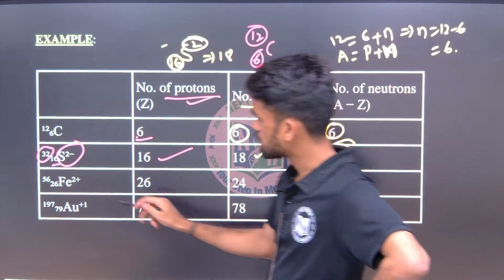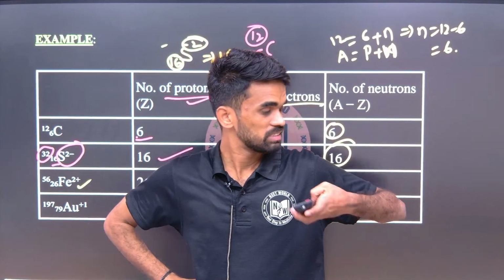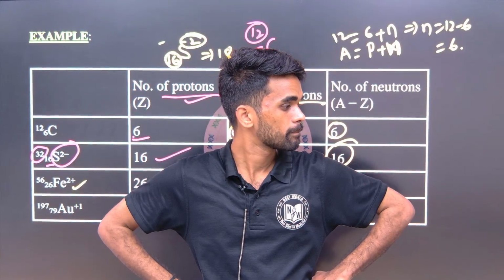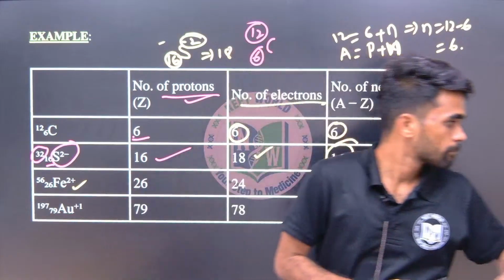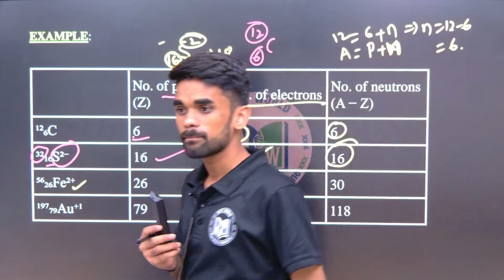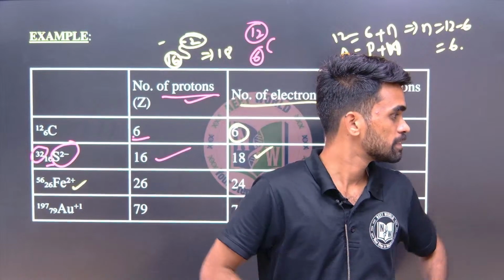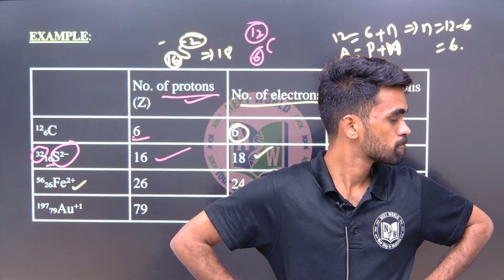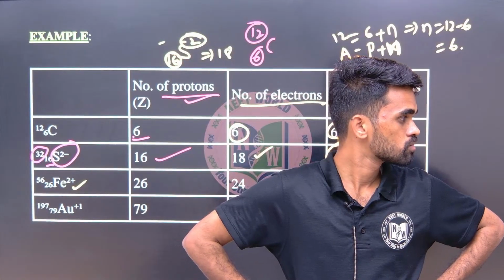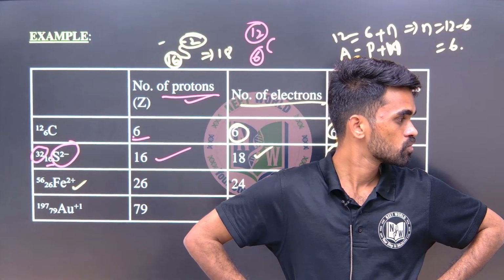So here also Fe plus 2, tell me for this Fe plus 2. 26 protons, 24 electrons. 30 neutrons.